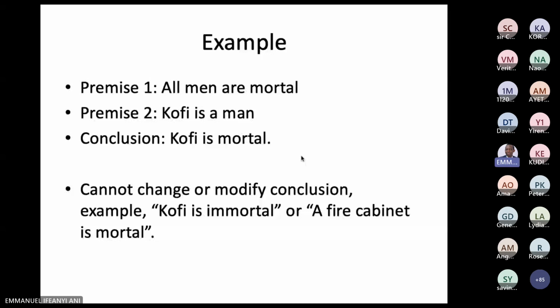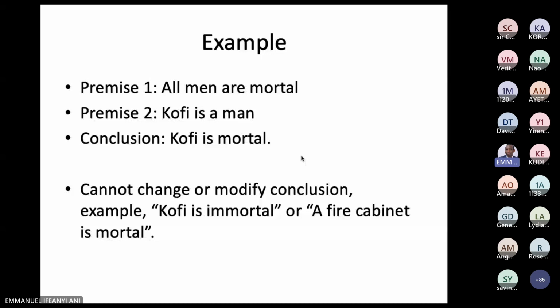Mortal occurs in premise 1, but not in premise 2. Kofi occurred in premise 2, but it is not in premise 1. So between premises 1 and 2, men occurred twice, mortal once, Kofi once. What you need for the conclusion is to take out those that occurred only once and bring them down to form the conclusion. So you bring Kofi and mortal down to form the conclusion.